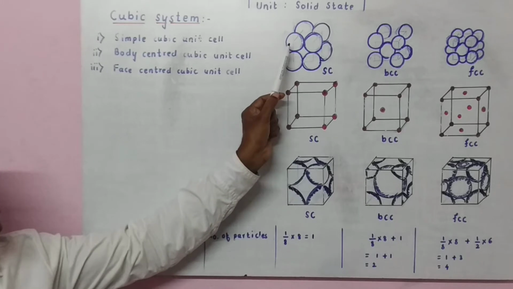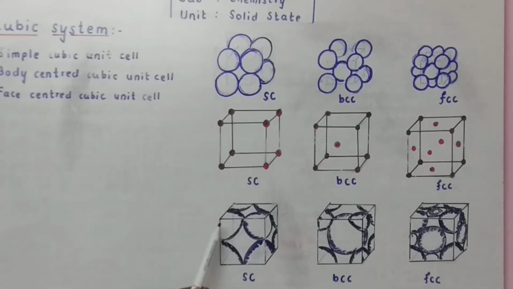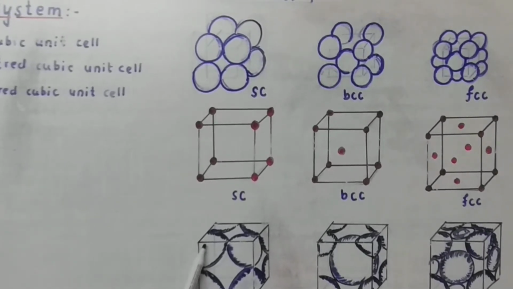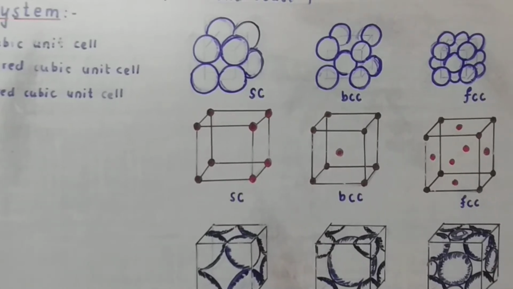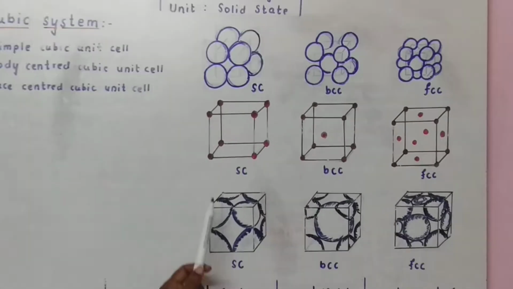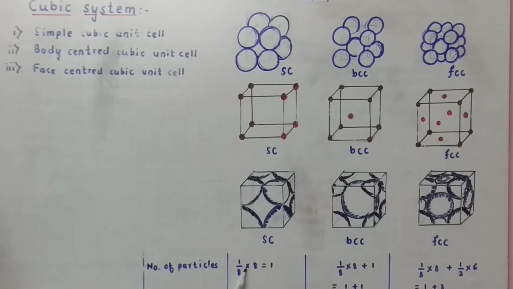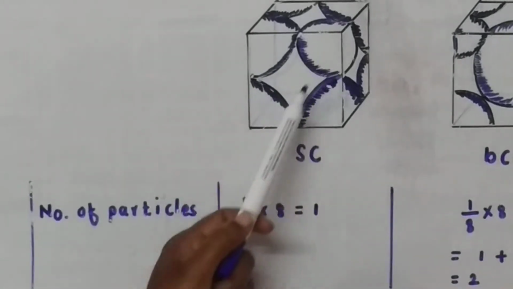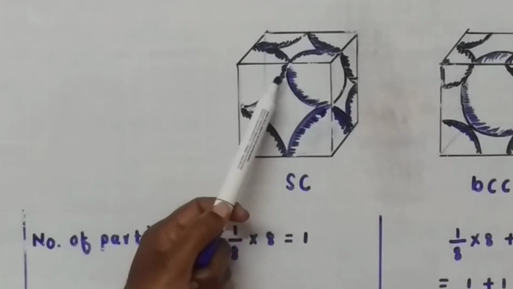So each corner contributes 1/8 portion of the particle. So number of particles present in simple cubic unit cell are 1/8 into 8 equal to 1. So here one atom is contributed in simple cubic unit cell.